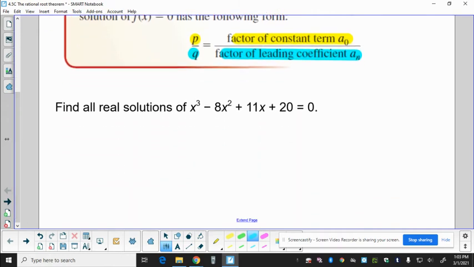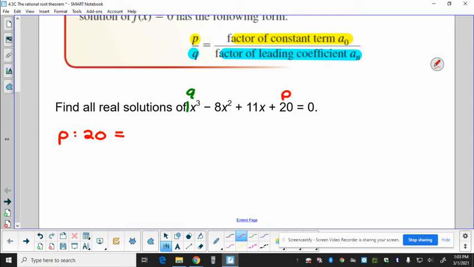Step number one, I want you to identify P and Q. So this is P, and Q is right here, which would be 1. Now, what we want to do is write all of these ratios, P to Q. So the first thing you do is you take P, which in this case is 20, and you write all of its factors, preferably in order.